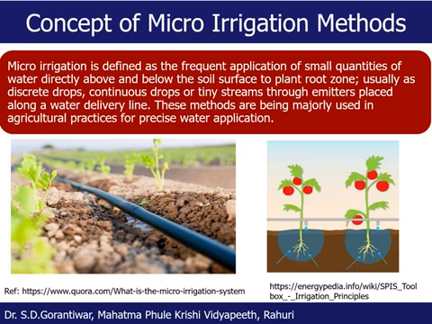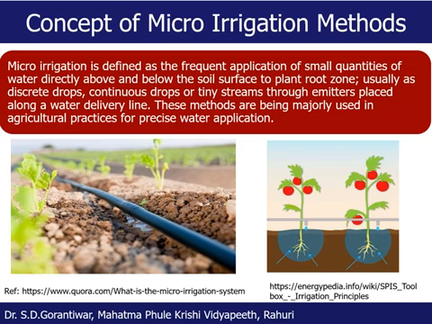If we shift to the sprinkler irrigation method, it is actually possible to apply even 2 mm or 4 mm of water in one application. But the frequency of the application will be once in a day and so on. And for that we have to design the sprinkler irrigation system in such a way that it will be expensive as well.